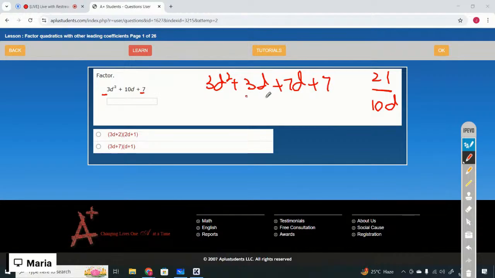Because 7 plus 3 makes 10 and when we multiply them, they make 21.